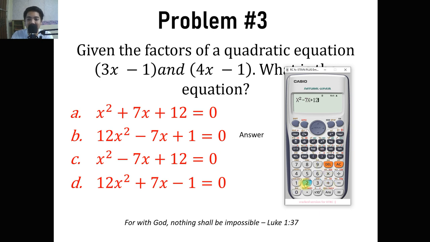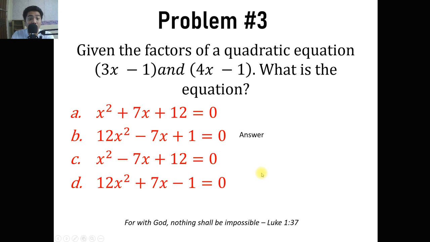Okay? That's the point. So we have 1/3. So it's not equal to 0. So there's no chance. So we have only one correct answer here. That is letter B. Okay? So just in case you forgot to perform FOIL.